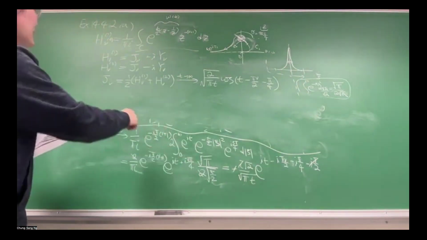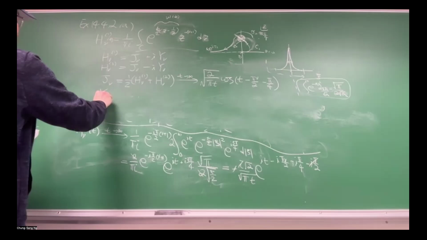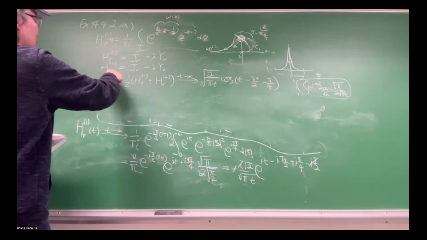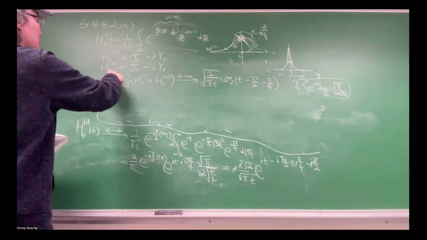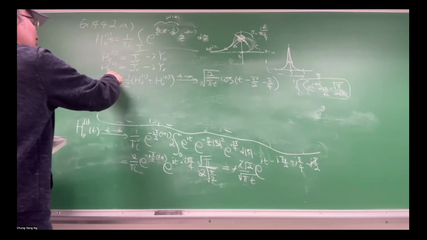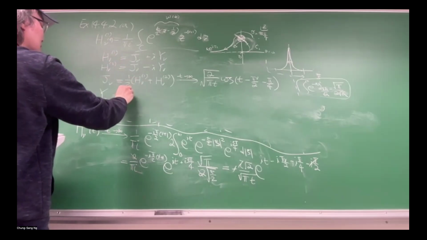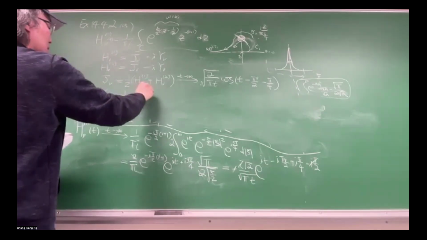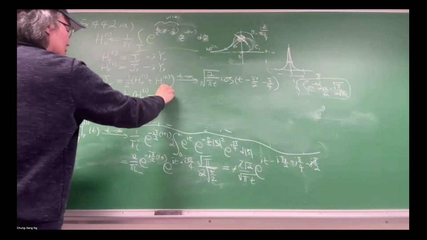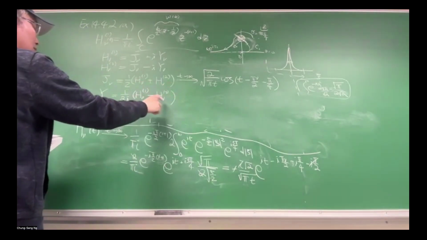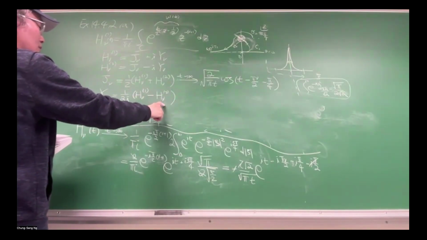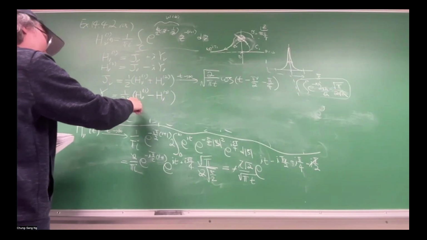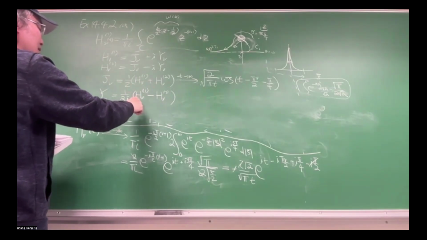And now Y is just H nu 1 minus H nu 2 divided by 2i. That will give you 2i of the imaginary part of this one, right?